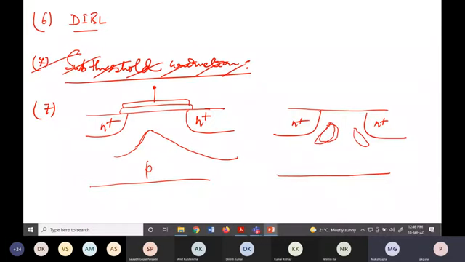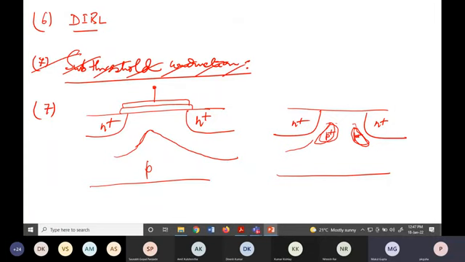If you put this kind of halo P plus region, that will prevent the depletion region from reaching from source to drain.